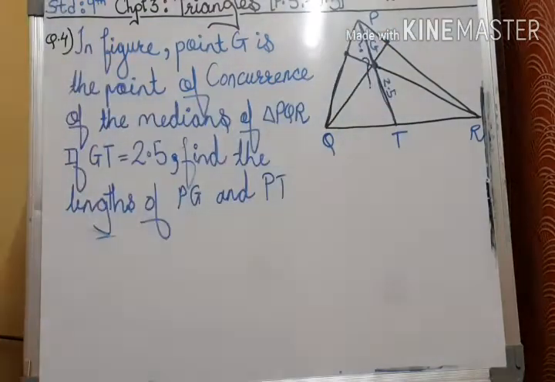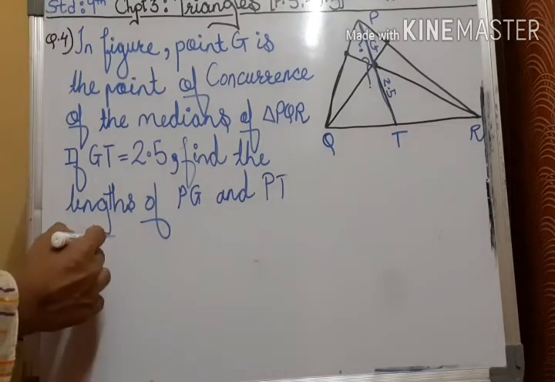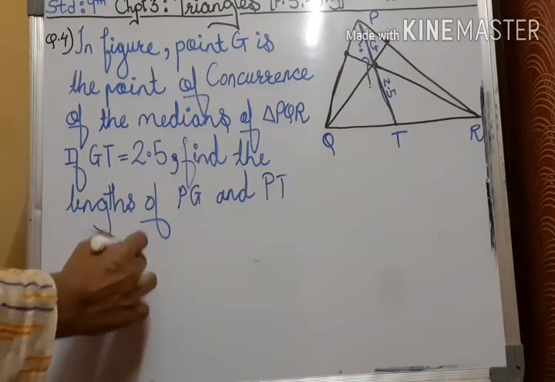PT. So students, we have one statement. Each median is divided in the ratio 2:1 by the point of concurrence G. G is the point of concurrence and divides each median in the ratio 2:1.